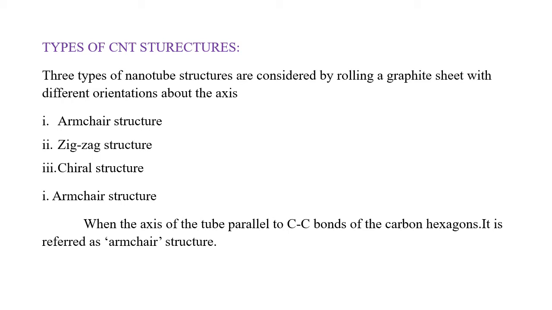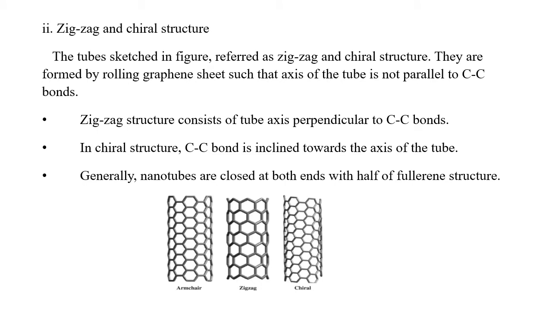In chiral structure, the C-C bond is inclined towards the axis of the tube. These three types of carbon nanotube structures are shown in the figure. First one is armchair, second one is zigzag, third one is chiral. Generally, nanotubes are closed at both ends with half of a fullerene structure.